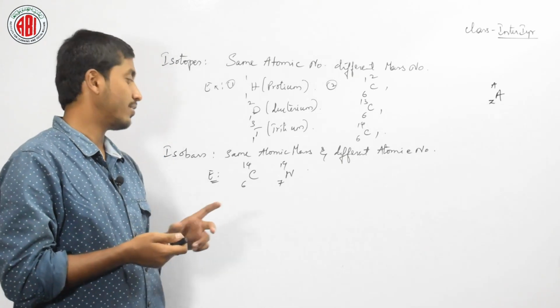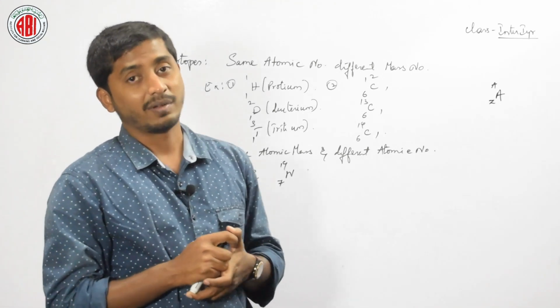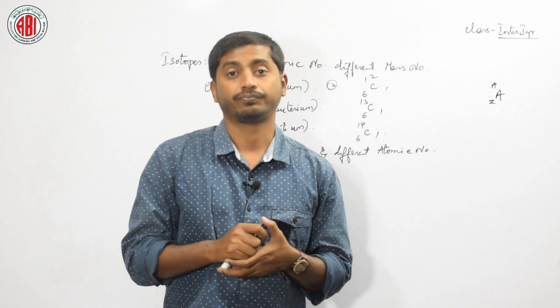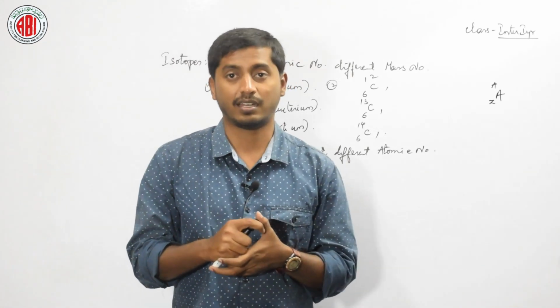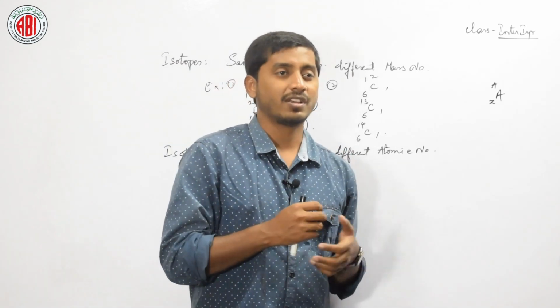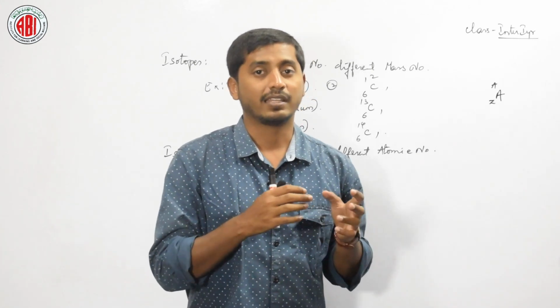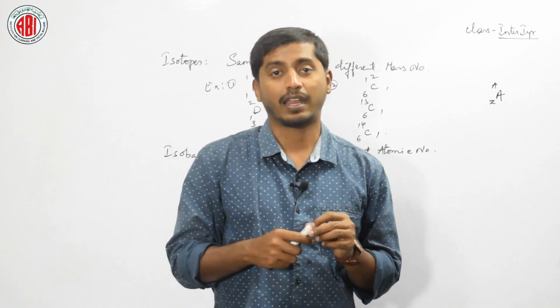You can work out why carbon will have a mass number of 14, that is the number of neutrons is 8, why not 12, right. We discussed that carbon will have an atomic mass of 12, isn't it, but from where did this 14 come? Based on the requirements and the position it is placed in, the atomic mass changes, right.